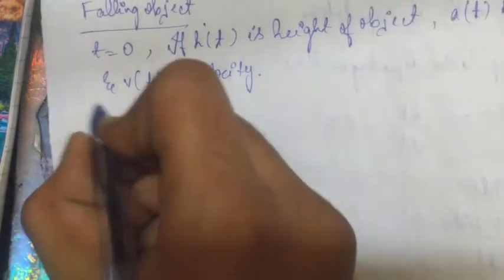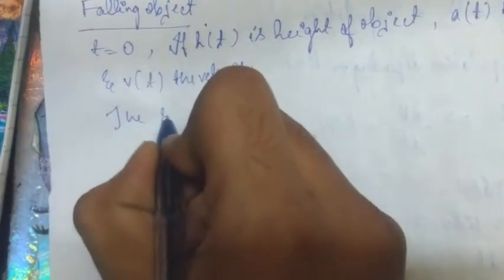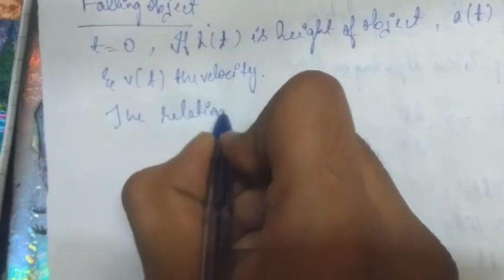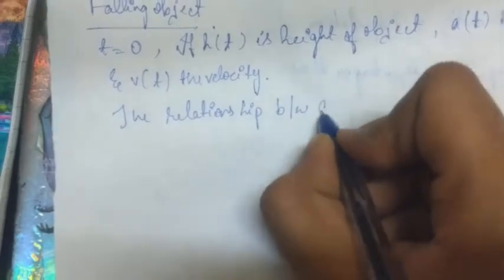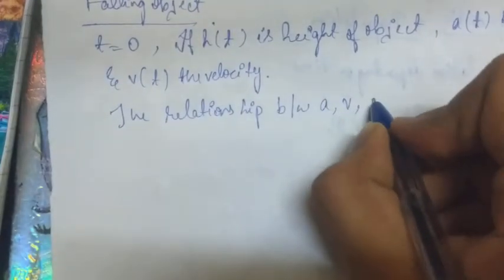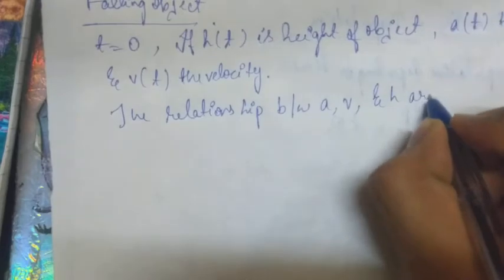So the relationship between acceleration, velocity, and height is as follows.